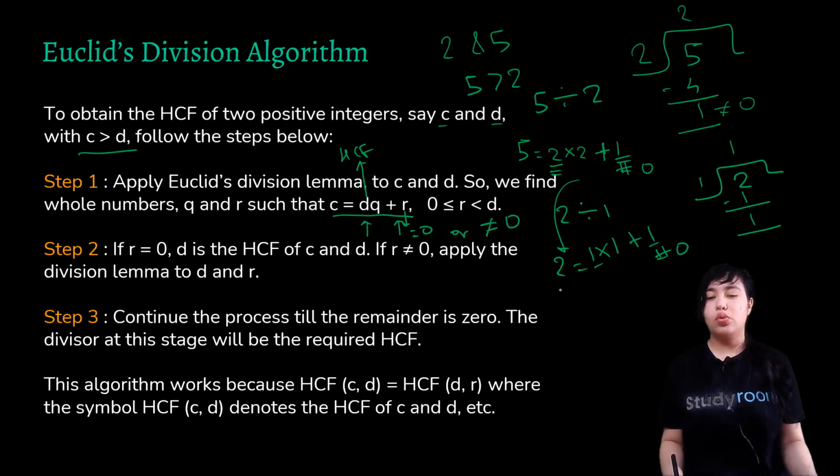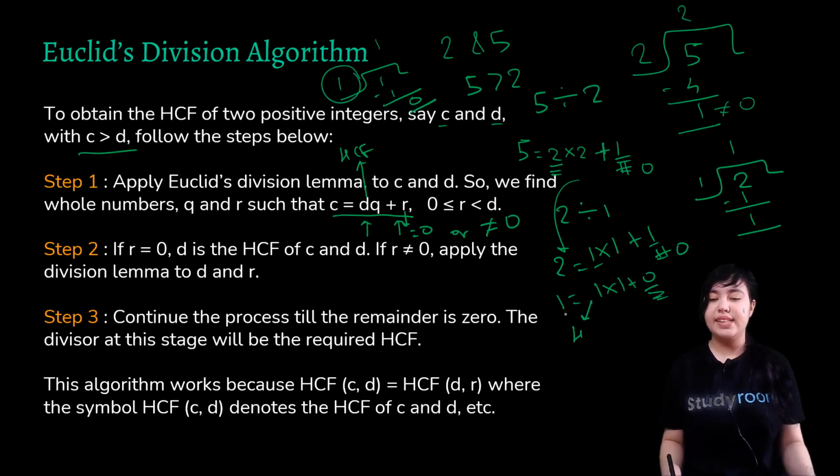So 1 divided by 1. 1 1's are 1 and here you get 0. So now I'll write 1 is equal to 1 into 1 plus 0. Now the remainder is equal to 0. So the divisor over here becomes my HCF, of the initial integers 2 and 5. So the HCF of 2 and 5 is equal to 1.